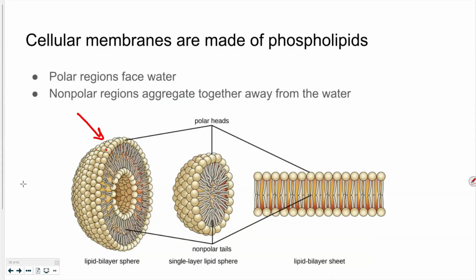Okay, so these heads are those phosphate groups. So let me do this. And then this part is the fatty acid tails.